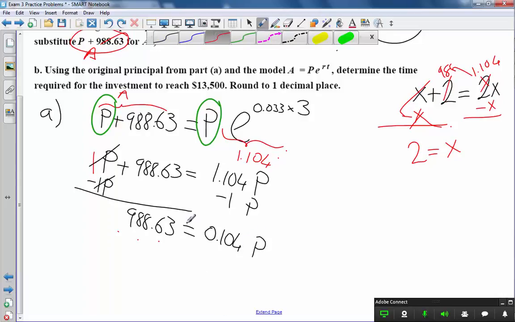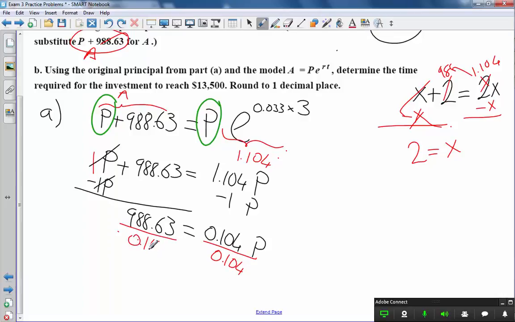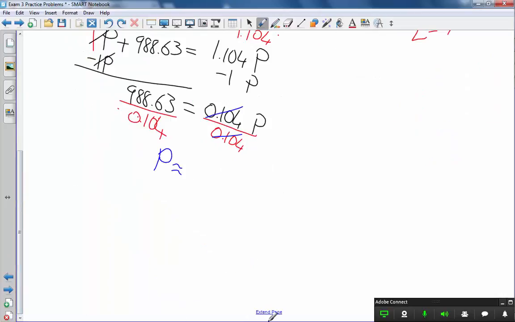Now, it's time to kill this monster by division because your P is only on one side. Now it's safe. We can divide both sides. What is P? I'm not putting a straight equal sign because this is a rounded value, so you're getting a rounded value. What is 998 over 0.104? About 10 grand, right?